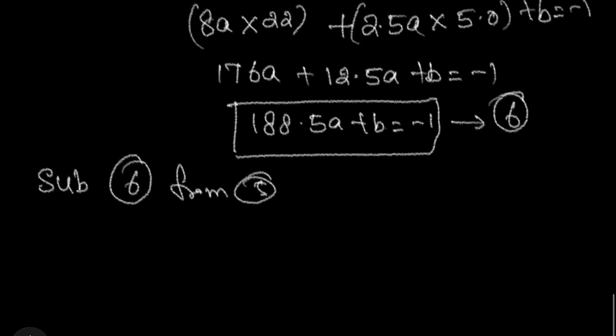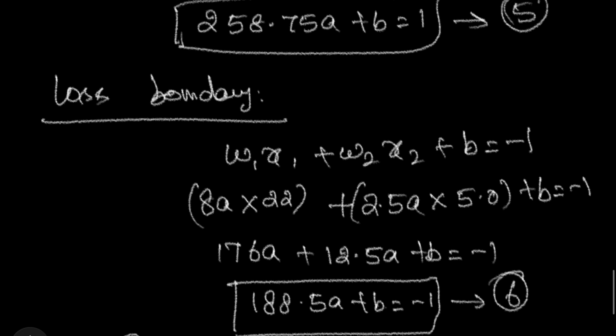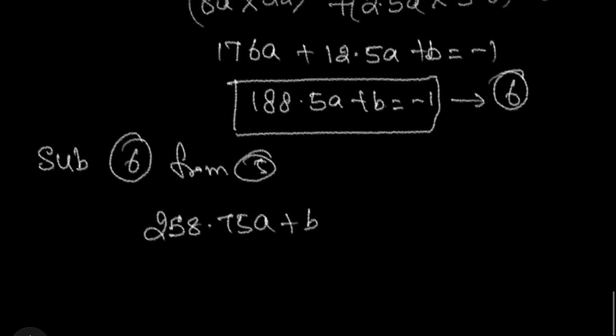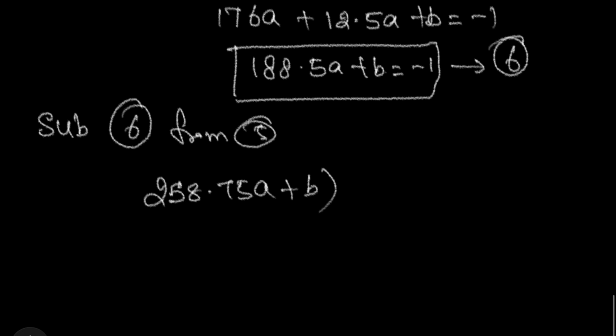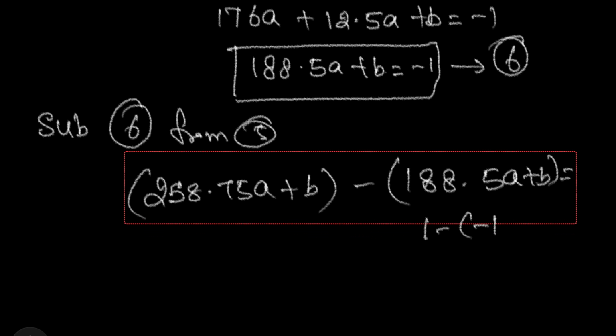I have 258.75a plus b, right, this is equation 5. Minus, we have the loss boundary as 188.5a plus b equals minus 1. We are subtracting these two win and loss boundary equations so that we can find the boundary line equation with the help of values a and b.